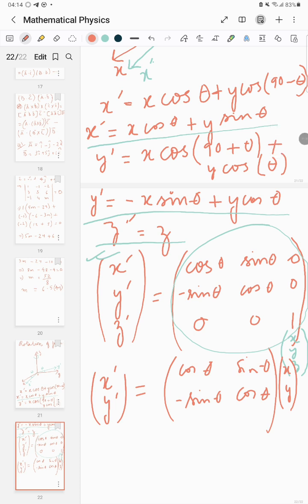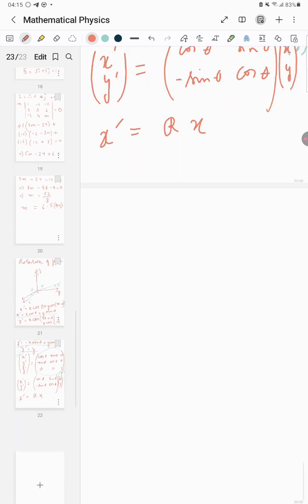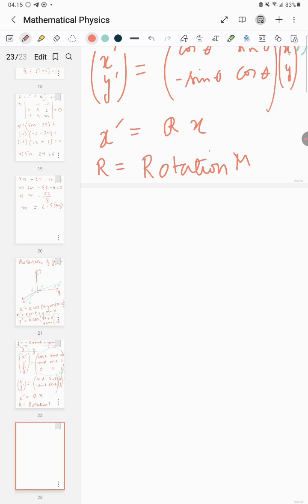So condensing it more, we can write that x prime is equal to R into x, where R is nothing but the rotation matrix. So these cos and sine terms basically represent the rotation terms.